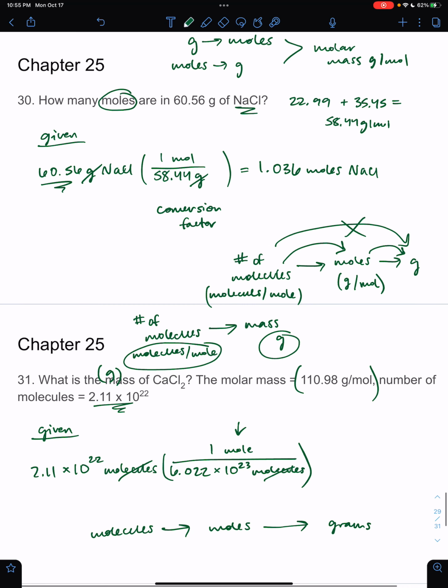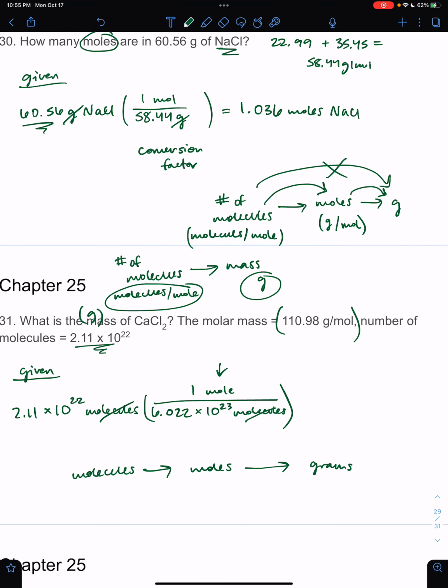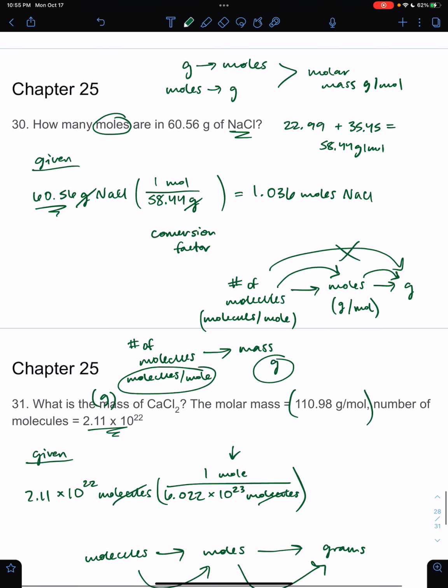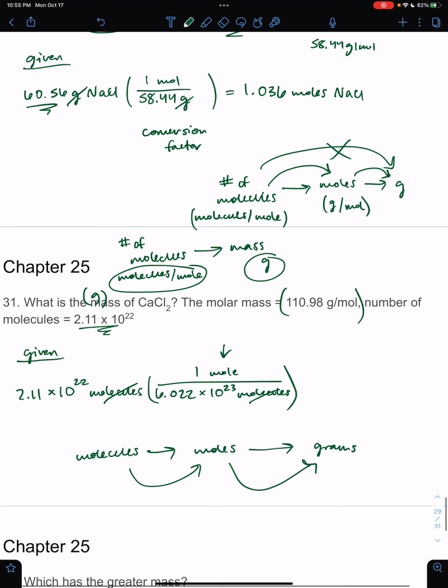Now we're going to have to combine steps. So now this is all set. Now we're going to go moles to grams, which is what we just did in number 30. And the conversion factor we had to use was molar mass, right? So we used Avogadro's number first. Now we're going to have to use molar mass.